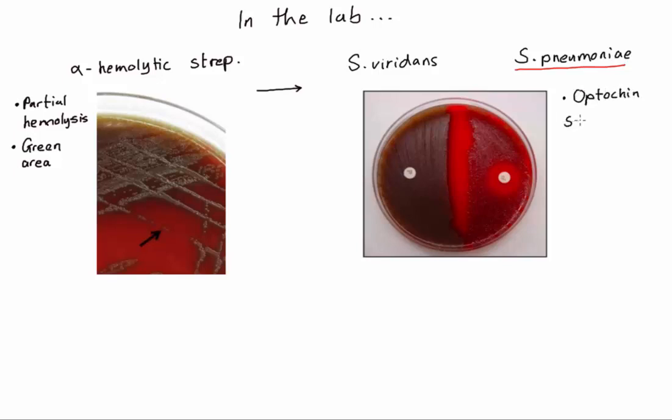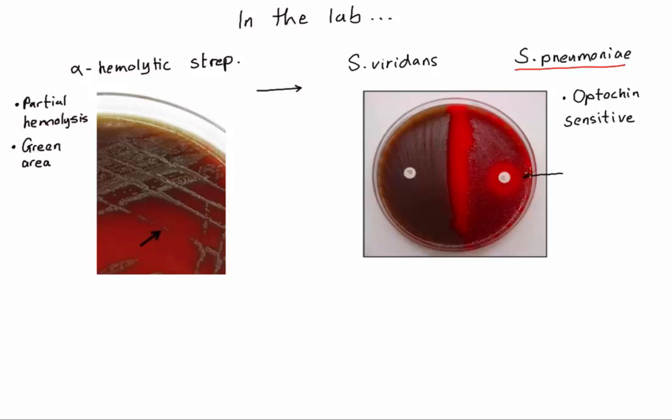So strep pneumonia is optochin sensitive. On the other hand, on the left, you can see that strep viridans grows right around the disc of optochin, so it's optochin resistant.